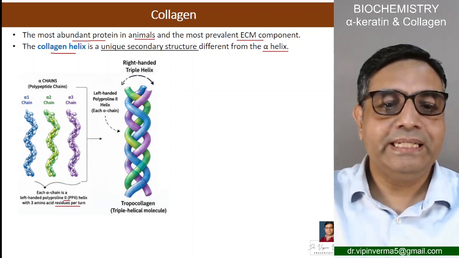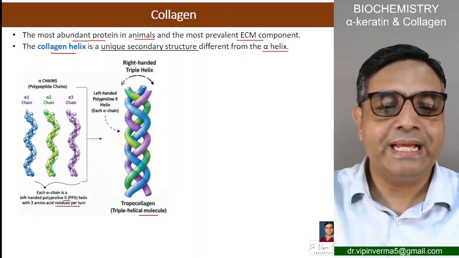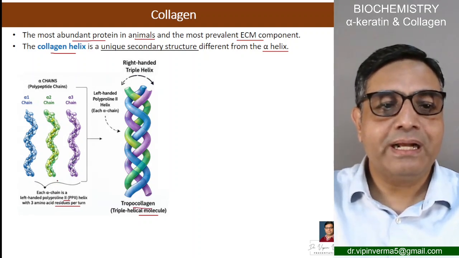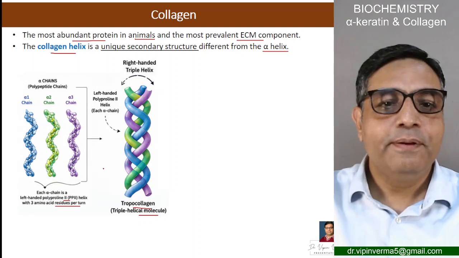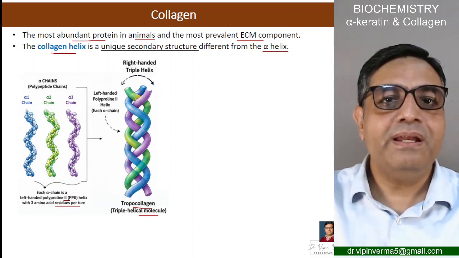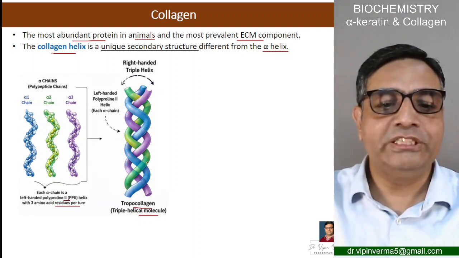So you can see here they are intertwined and they are making a triple helical molecule, and this is known as tropocollagen. Is this clear? So these alpha chains are collagen helices which are actually left-handed, but they are making the right-handed triple helix called tropocollagen.